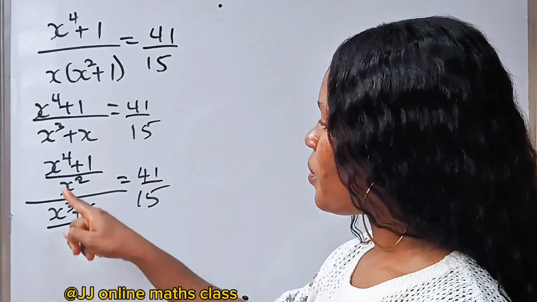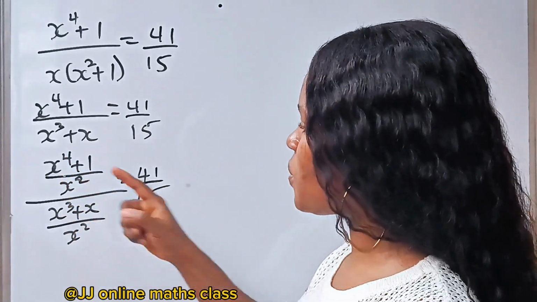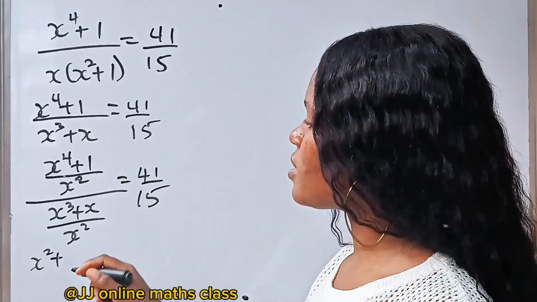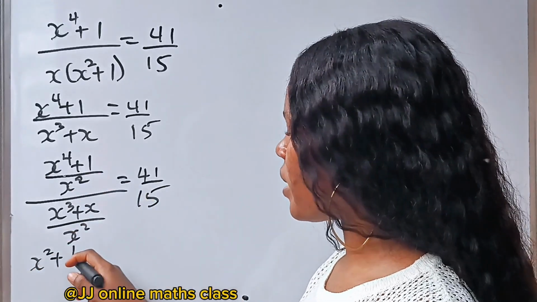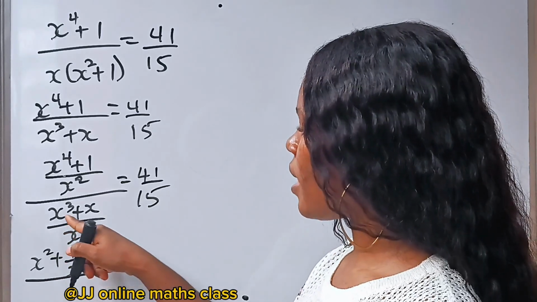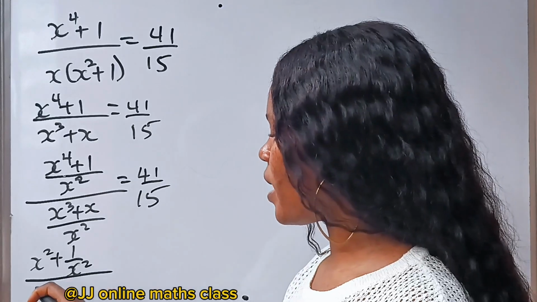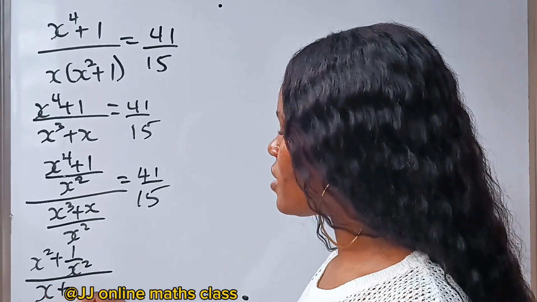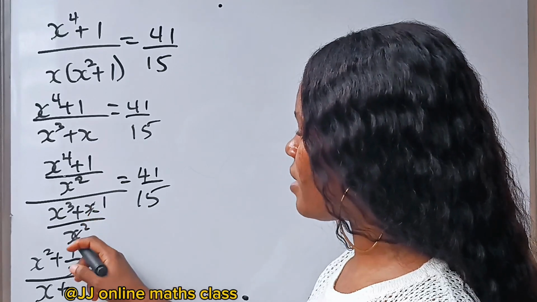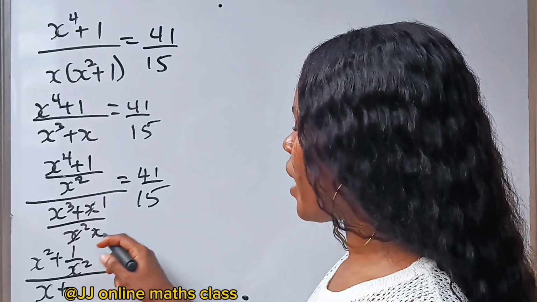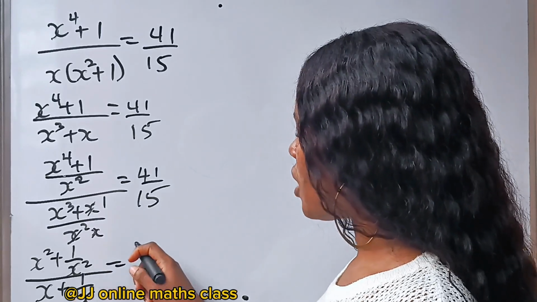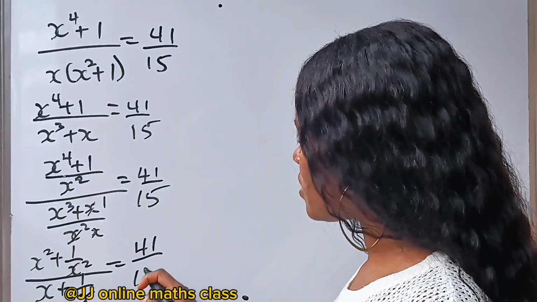Now x to the power of 4 divided by x squared leaves x squared, plus 1 over x squared, divided by x to the power of 3 divided by x squared, which leaves only x, plus 1 divided by x squared, which leaves 1 over x. So the denominator becomes x plus 1 over x, which is equal to 41 over 15.